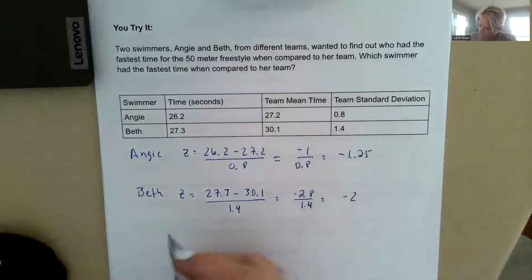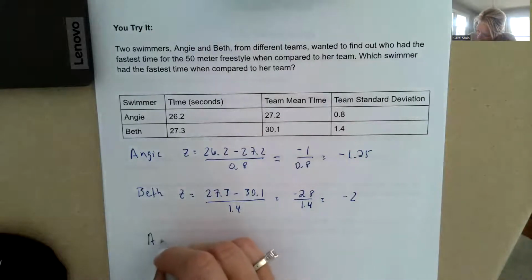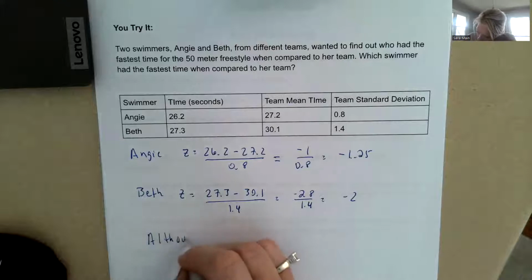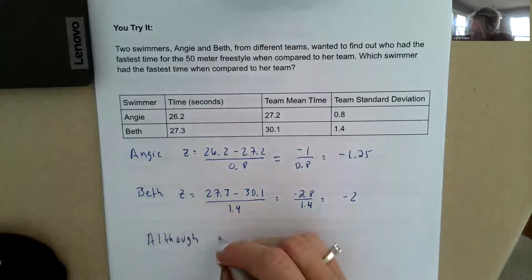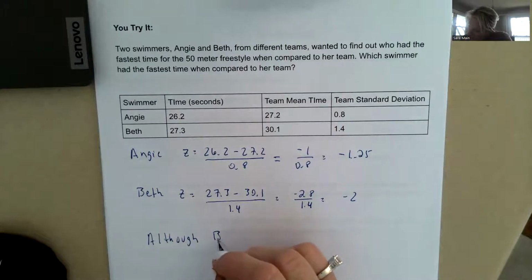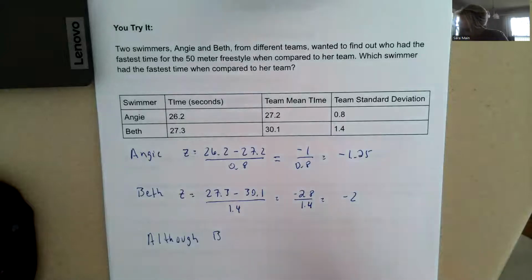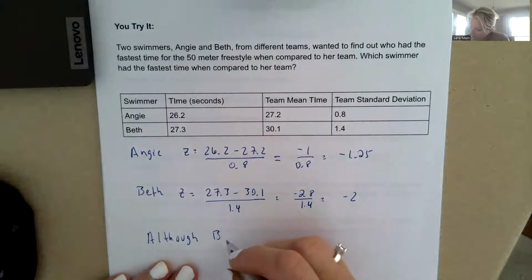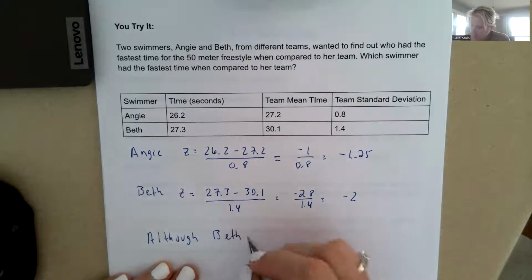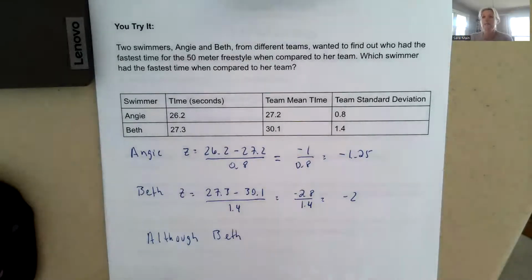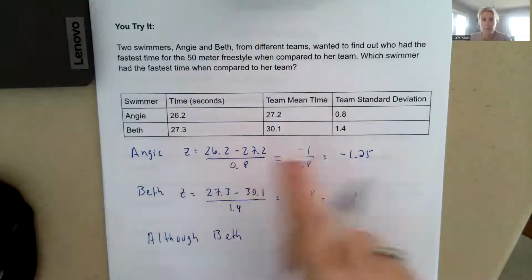So, let's just write this out in words. It says, which swimmer had the fastest time when compared to her team? And when we talk about speed, we want a smaller number. So further, smaller away from the mean from her team would be better.